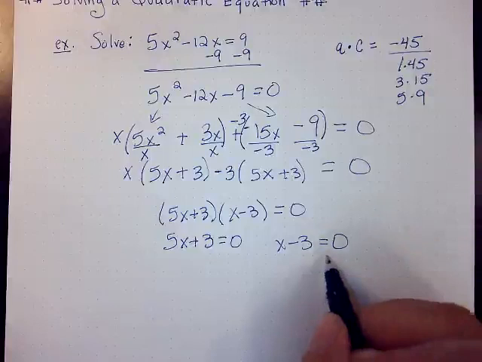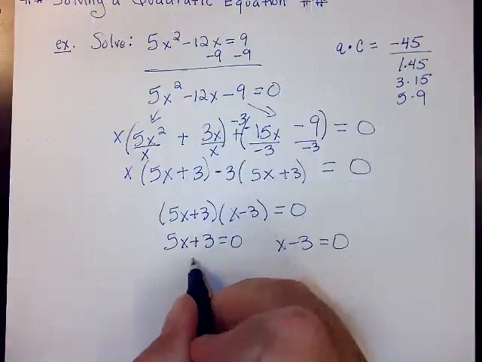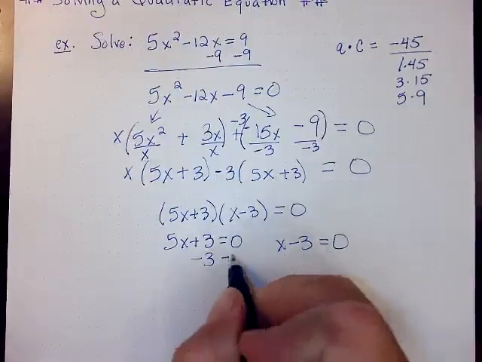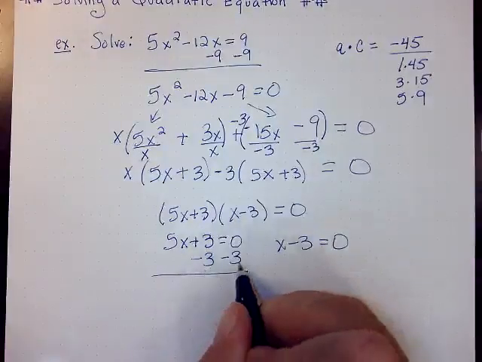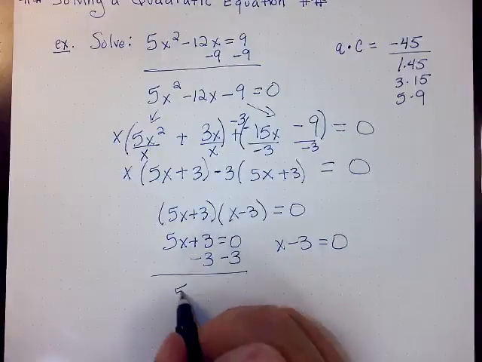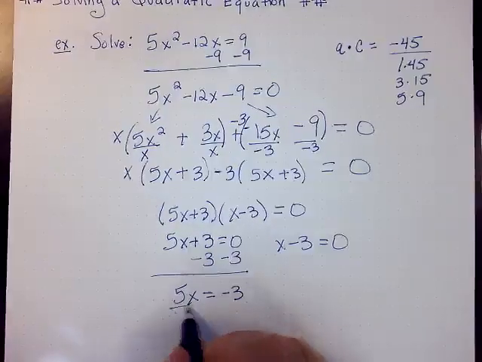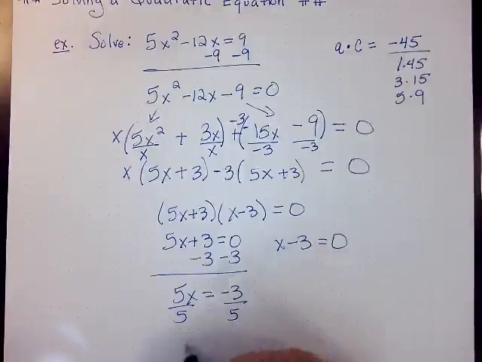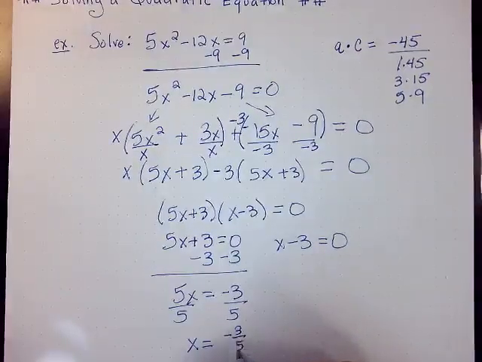Now that I have linear equations, I need to solve each of these linear equations just the way that I would have done previously. I'm subtracting 3 from each side, and I would have 5x equals negative 3, and divide by 5 on both sides. And I can get a fraction here, and in this case I get negative 3/5.